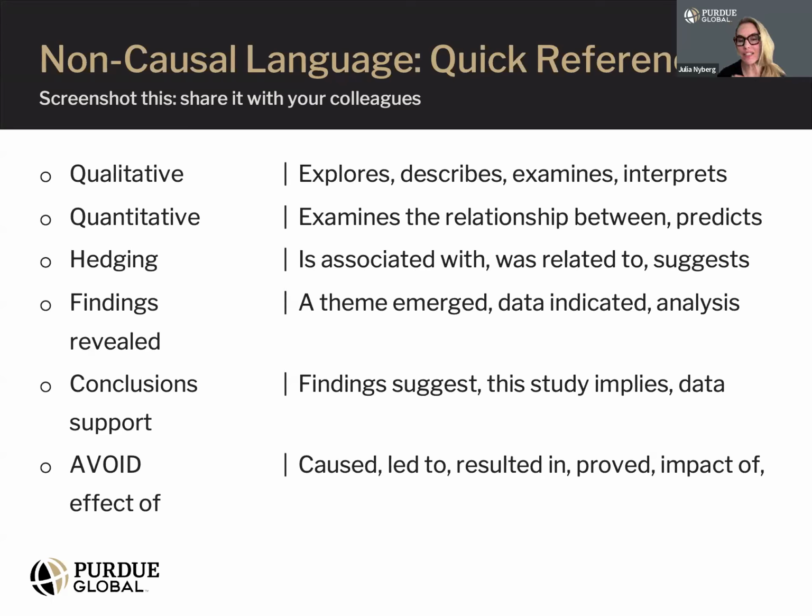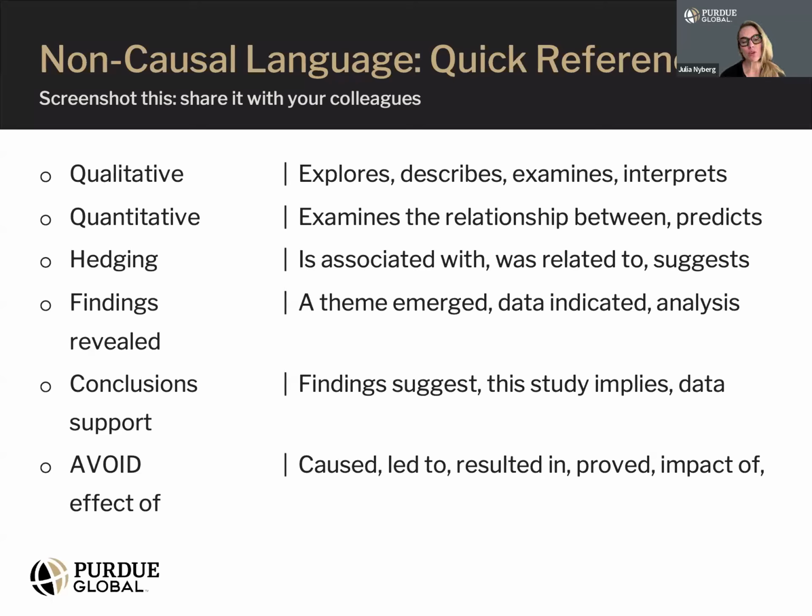Notice that the qualitative language focuses on exploration and description. Explores, describes, examines, interprets. Quantitative, non-causal language focuses on relationships and prediction, but not direction of cause. So examines the relationship between, predicts.